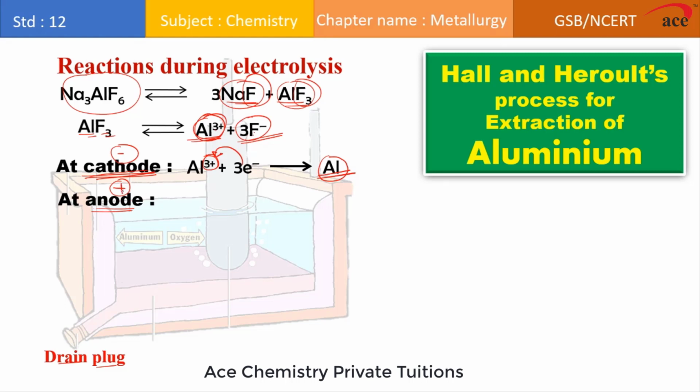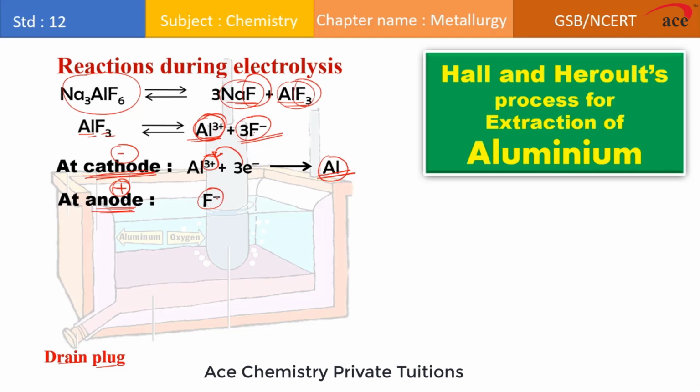Being a positively charged electrode, the anode is going to attract what? Negatively charged ions. Now the negatively charged ion over here is what? F-, that is fluoride, and it should get oxidized as at the anode the oxidation reaction takes place.